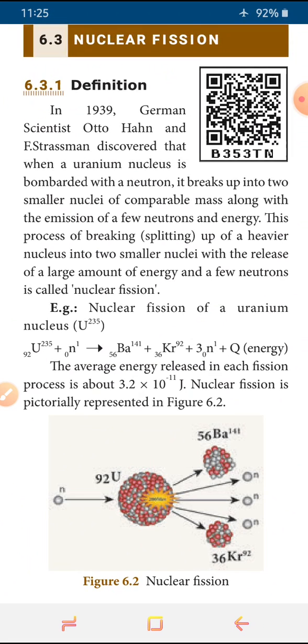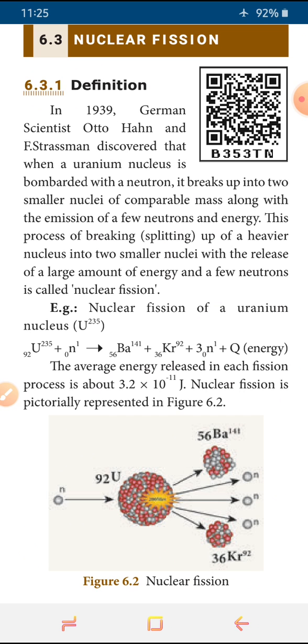About nuclear fission: in 1939, the German scientists Otto Hahn and Strassmann discovered that when a uranium nucleus is bombarded with a neutron, the uranium nucleus breaks up into smaller nuclei of comparable mass.